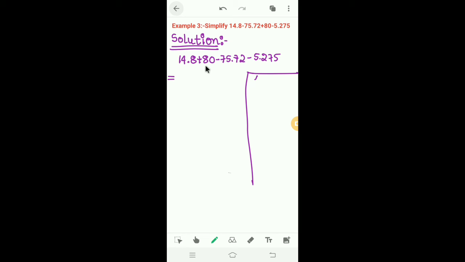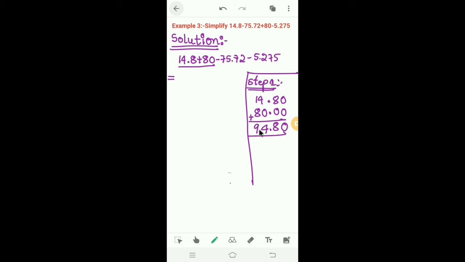Here three steps are possible. In the first step we have to add 14.8 and 80. 0 plus 0 is 0, 8 plus 0 is 8, 4 plus 0 is 4, 1 plus 8 is 9.